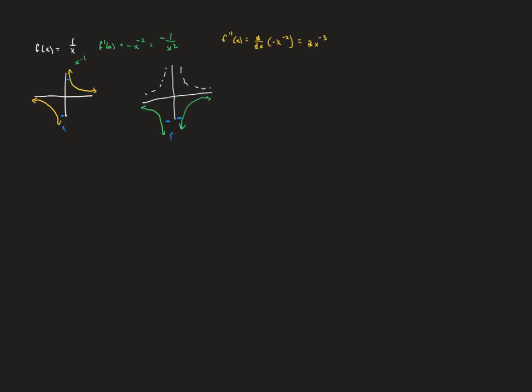Subtracting 1 from the exponent will be negative 3, which could also be written as 2 over x to the third. Now, interestingly enough, if we go to graph this, the 2 over x to the third is going to look kind of like 1 over x, in that it's going to be positive in quadrant 1, and it's going to be negative in quadrant 3.